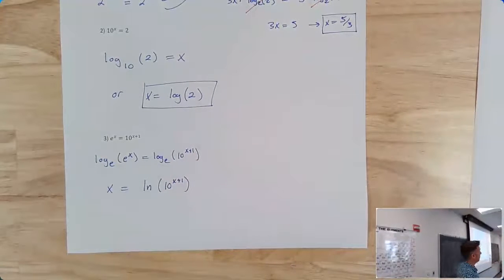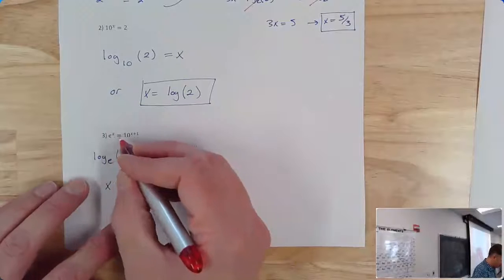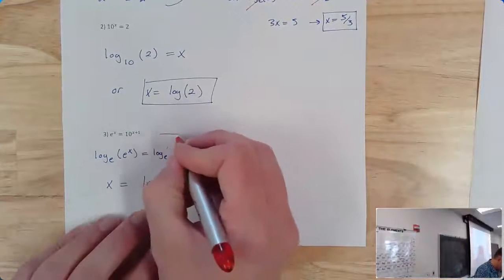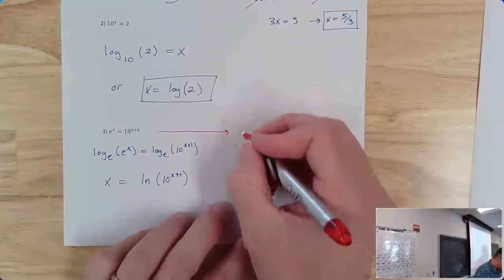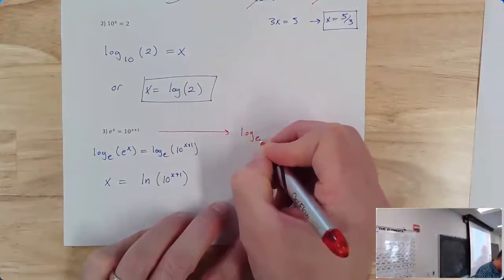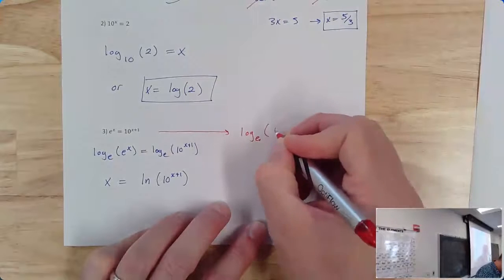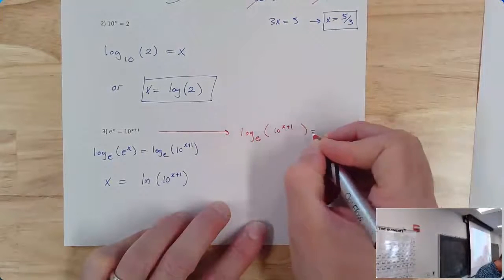Now, what I want to point out to everybody is we could have gotten here a different way. Instead of taking the natural log of both sides, we could have said, I'm going to rewrite this as a logarithmic equation. So if I think about the fact that I have e to the x equal to a thing, e to the x equal to a thing means I should have log base e of that thing equal to the power.